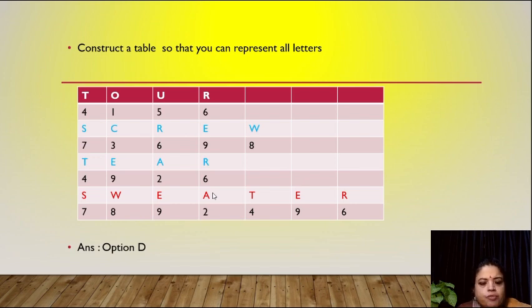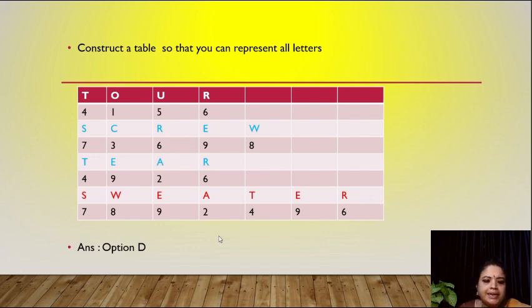Now we just need to find out the option for sweater. You can see directly from the table S has been allocated 7, so you write that. From the table, W has been allocated 8, E has been allocated 9, A will be 2, and then T, from this table you can find out, T has been allocated 4, E has been allocated 9 and R has been allocated 6.